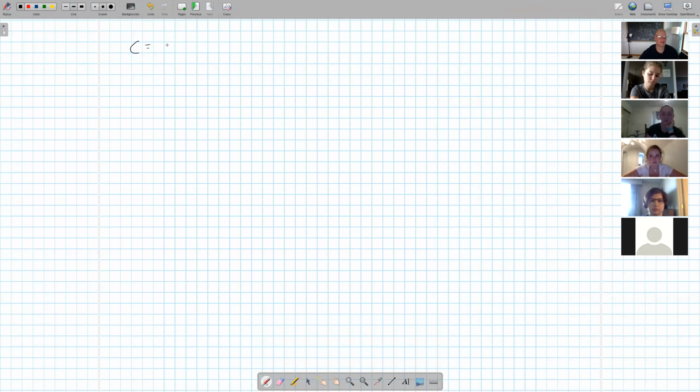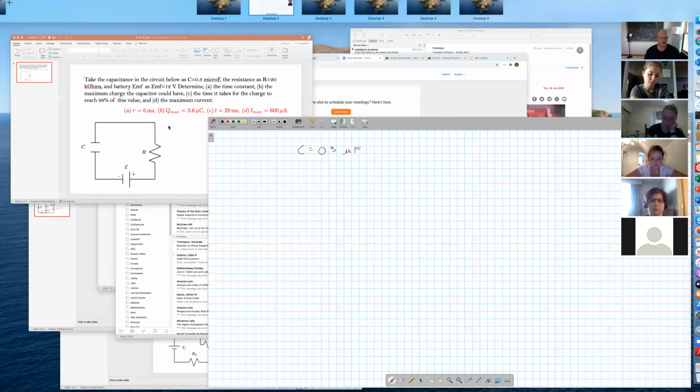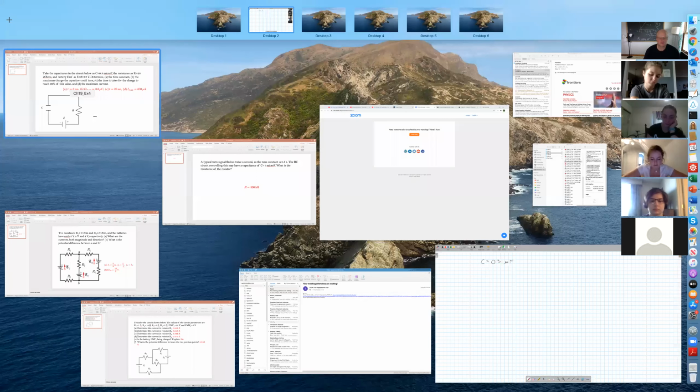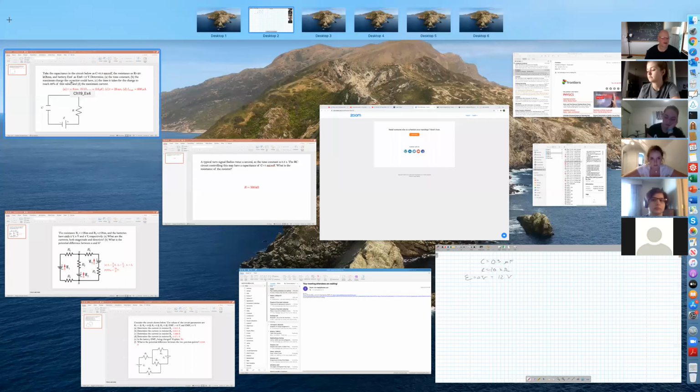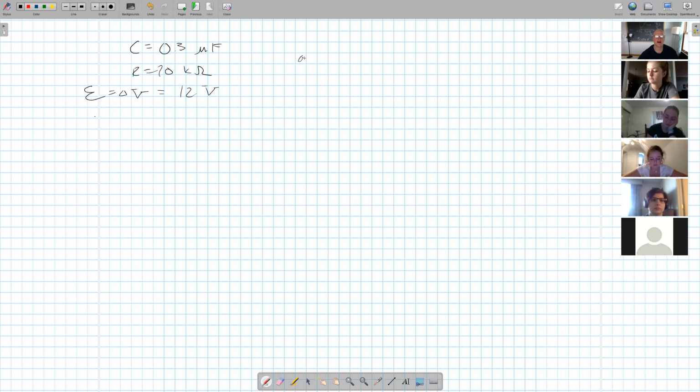Here we know the capacitance is equal to 0.3 microfarads. We know the resistor is 20 kilo ohms. And we know the potential of the battery, in this case the EMF, is equal to 12 volts. Great. For part A, what's the time constant? The time constant is simply R times C, the resistor times the capacitor.